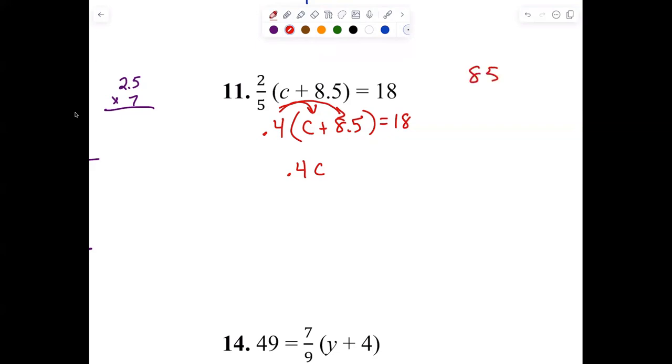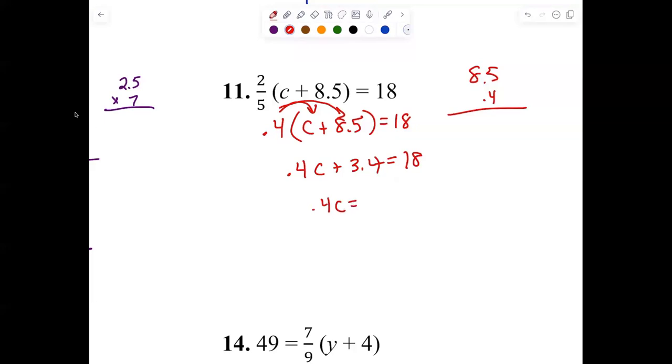Remember, 85 times 0.4. Yes. Well, yeah, you're right. Plus, say that again. 3.4 equals 18. Yes, 0.4 C is equal to.